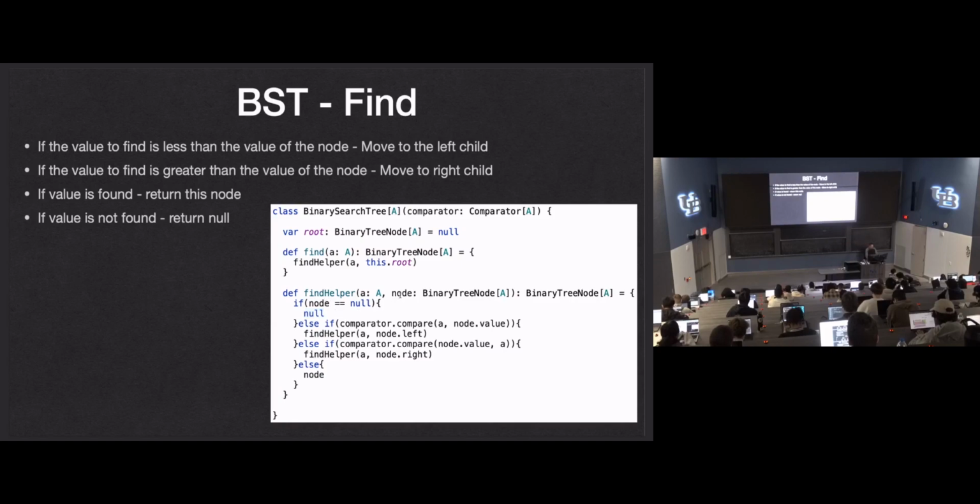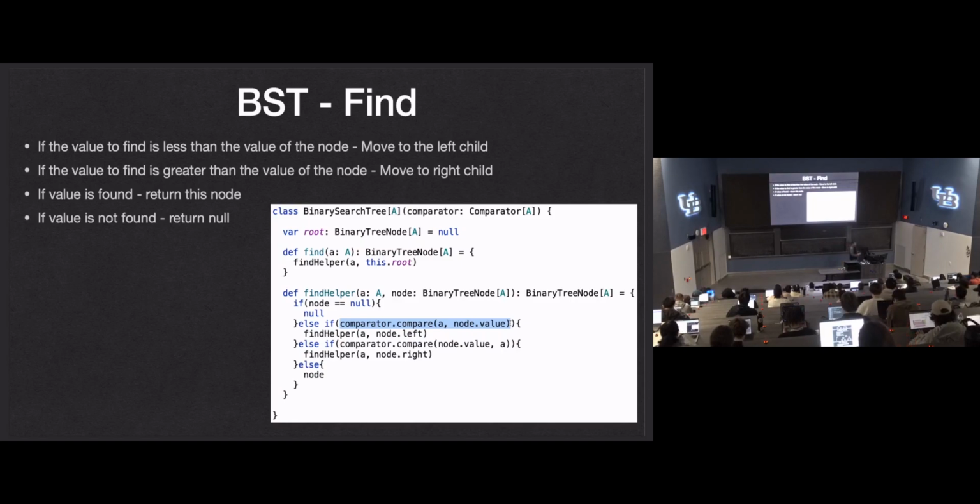If the node we're currently visiting, which starts at the root, is not null, we're going to ask our comparator, and I always get this backwards, I got it backwards in the other lecture, I'm going to try to do this right now. I'm going to ask the comparator, does the value we're looking for, A, come before the value at the node we're currently visiting, the node's value?